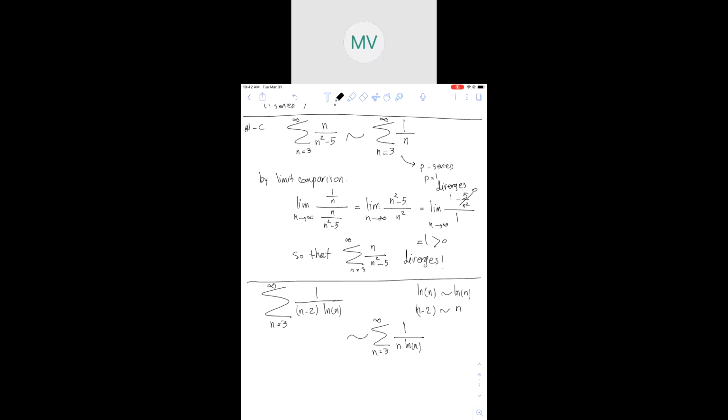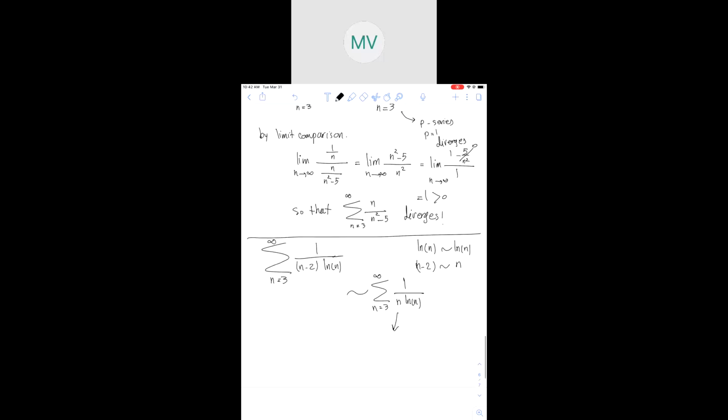Now this one, we have already talked about this in 10.3. I think I did that example. It diverges, so we know this guy diverges by the integral test, right?